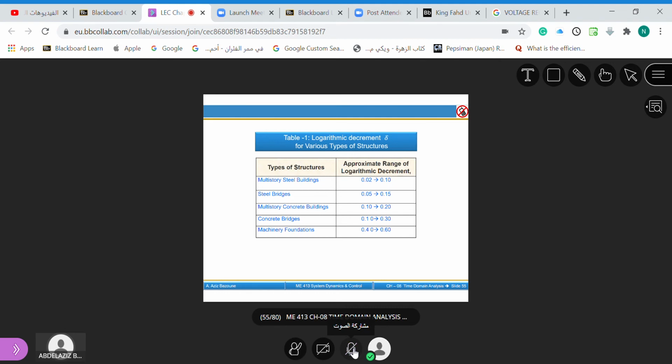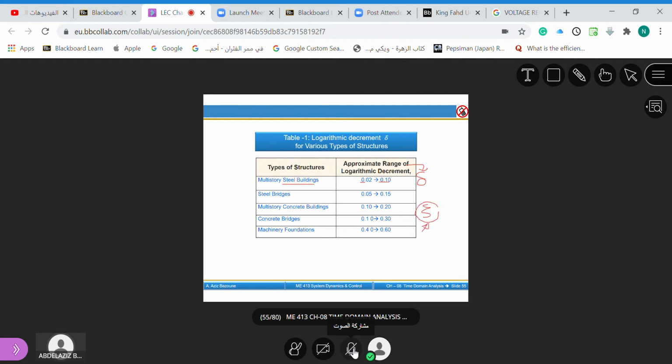It's okay, no problem. So the table of logarithmic decrement of various types of structures: we have multi-steel buildings between 0.02 to 0.1. This is the delta, Shabab. You should not make a mistake between delta, the logarithmic decrement, and zeta, which is the damping ratio.